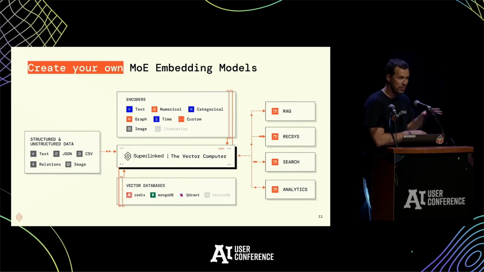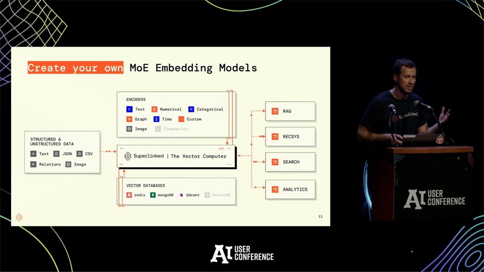And then we have a framework that you can basically use to combine these components to make your own embedding model, or embedding models, many models. And through that, create user vectors and product vectors. So if you are running a marketplace, for example, this is the kind of thing that helps you. We work with companies from travel to fashion to jobs to used cars.